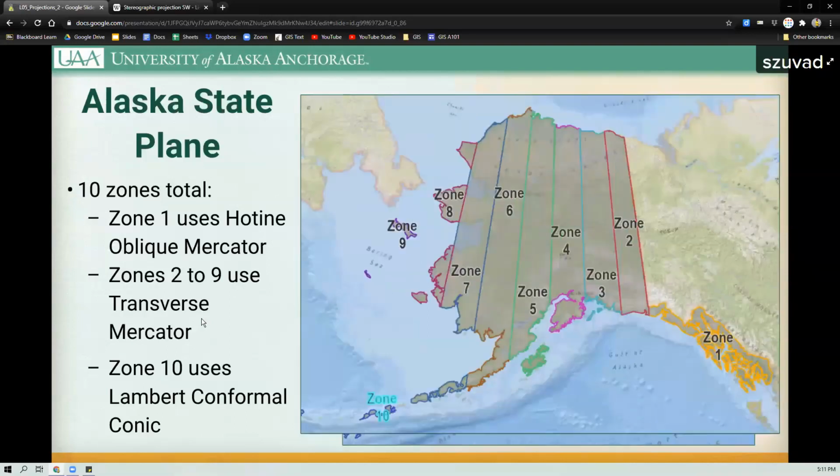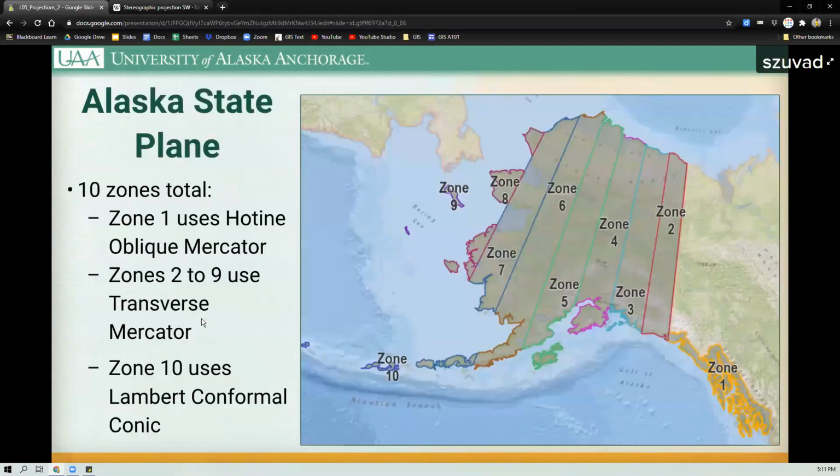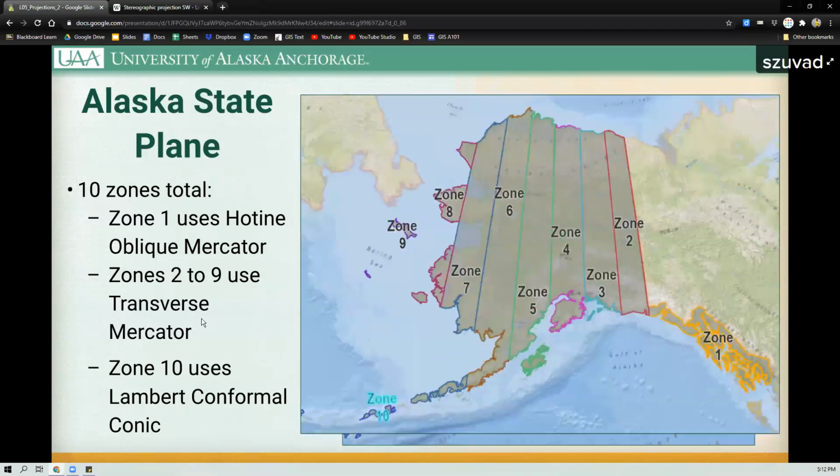But in mapping, oh, that's right. What did I have here? Okay, so this first one is what it would look like if you use the Zone 1 projection for the entire state of Alaska. And this is why it matters what your projection system is, right? This is what it would look like if you use transverse Mercator for the entire state.